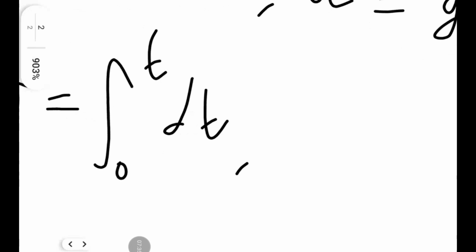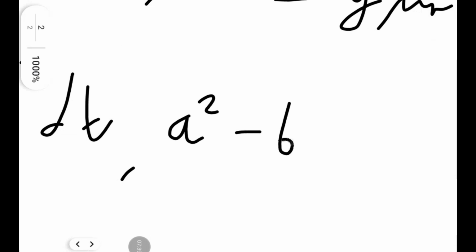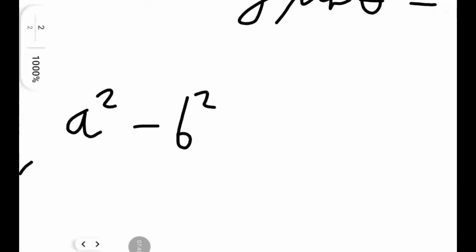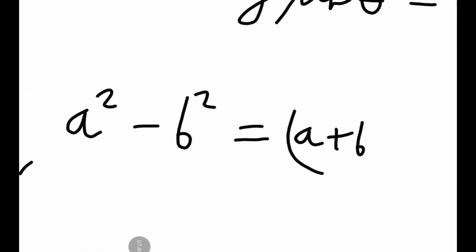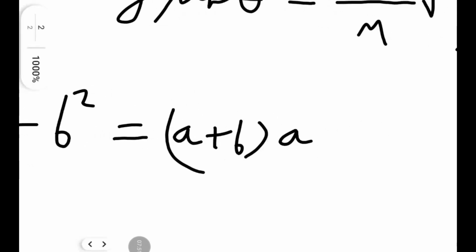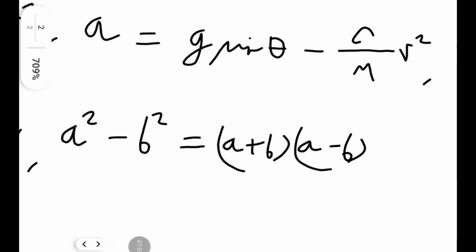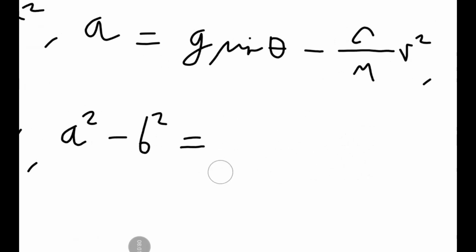We know that a squared minus b squared, just a random a and a random b, is equal to a plus b times a minus b. If you do this, you can turn it into partial fractions potentially, and with that we can make it a lot easier to integrate.